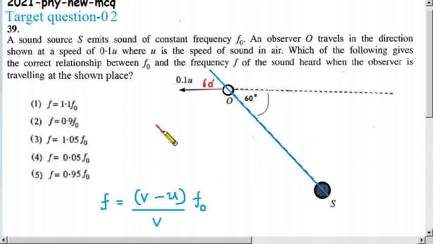So the velocity away from the source is 0.1 u cos 60. Cos 60 means half, then 0.05 times u is the velocity in this direction, away from the source.